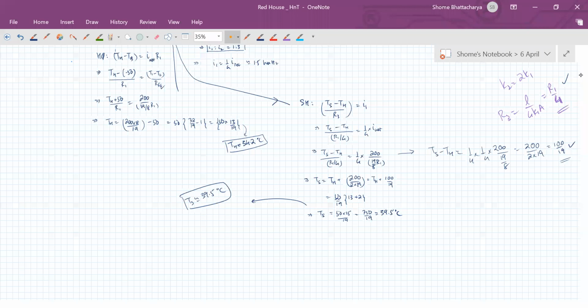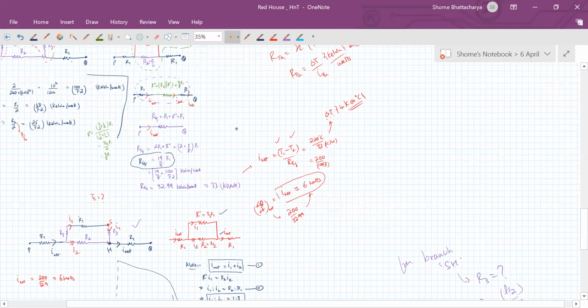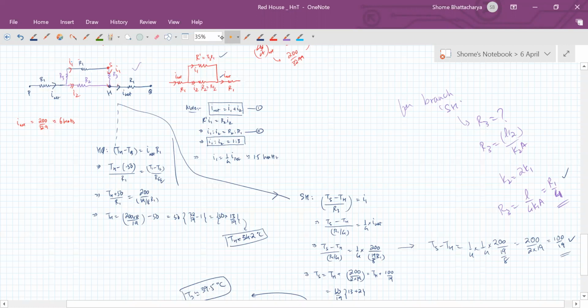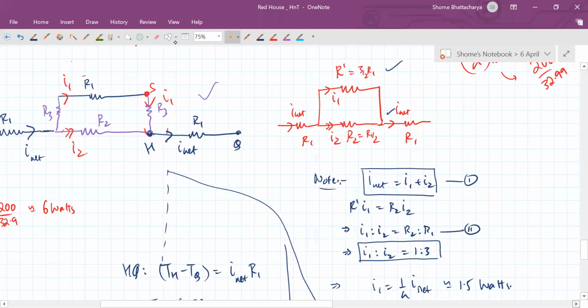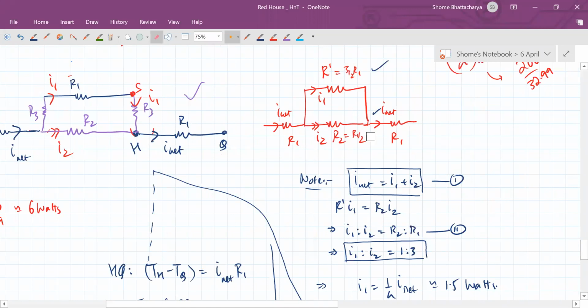Okay, let's understand that. So this is R prime. You can see the earlier step, no? This potential difference is equal to this potential difference. Okay, so that is why I1 into R prime should be equal to I2 into R2.